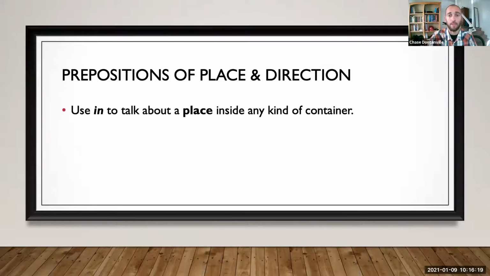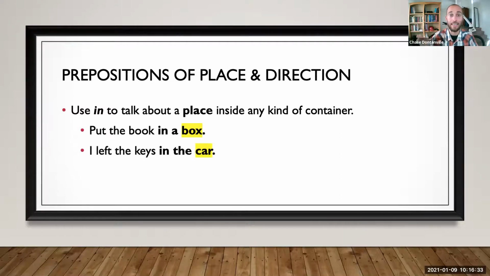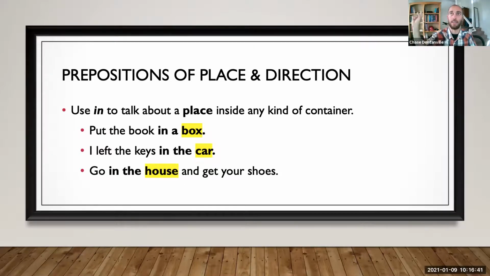So if it's a preposition of place, we use in to talk about when you're inside any kind of container. So put the book in a box. In, okay? I left the keys in the car. So they're in the car. Go in the house and get your shoes. Again, in the house.